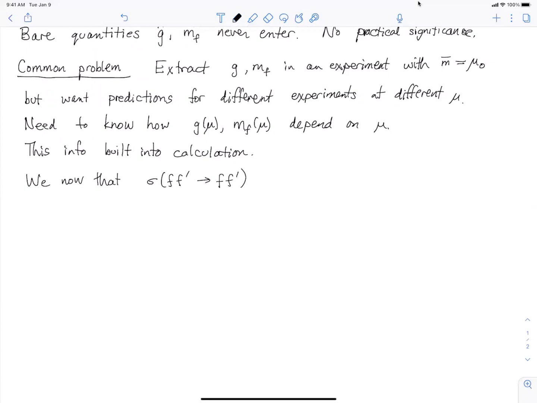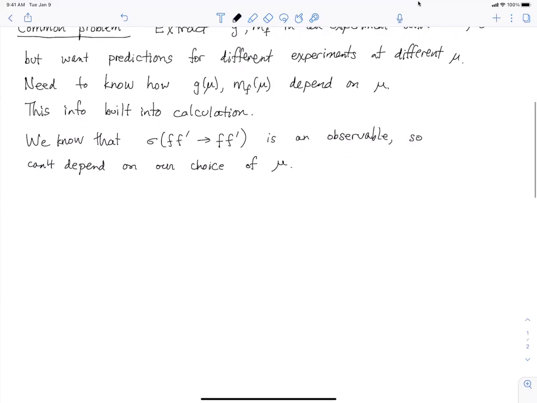Could be quarks, it actually could be anything, could even be gluons. We know that this is an observable, something that can be objectively measured in principle. And so it can't depend on our choice of mu, because our choice of mu was arbitrary.